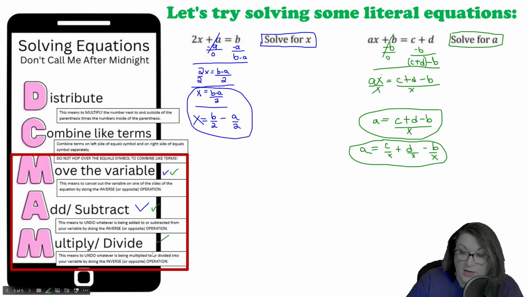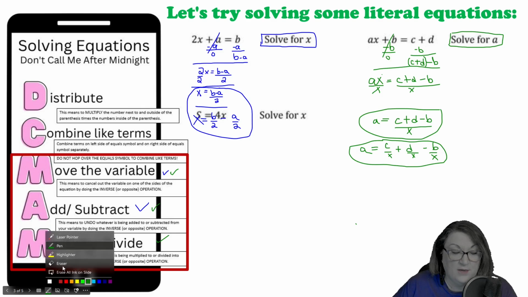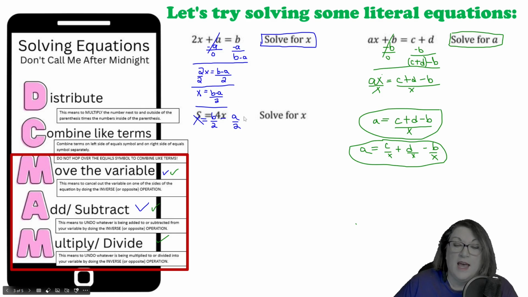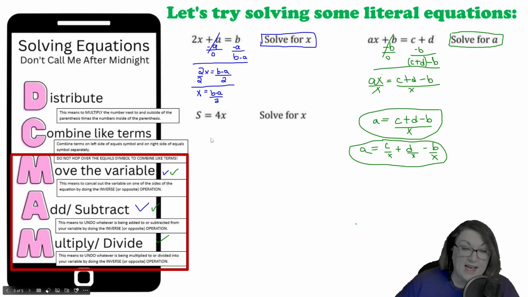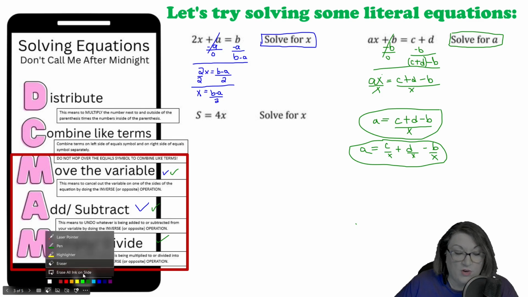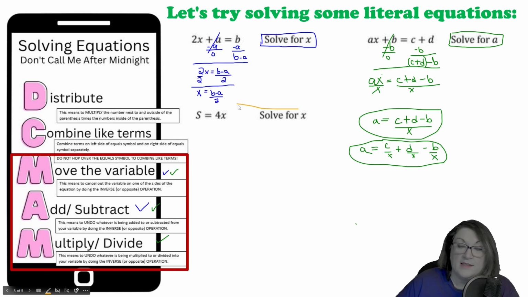Oh, do I have another one on here? Let's see. I do. So let me erase this one because I have this right here, which is s equals 4 times x. And they're asking us to solve for x this time. We're going to use this orange here.